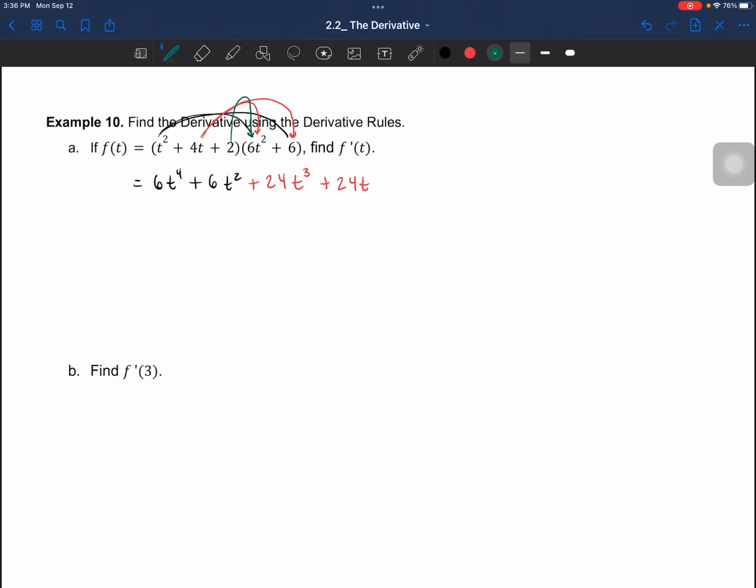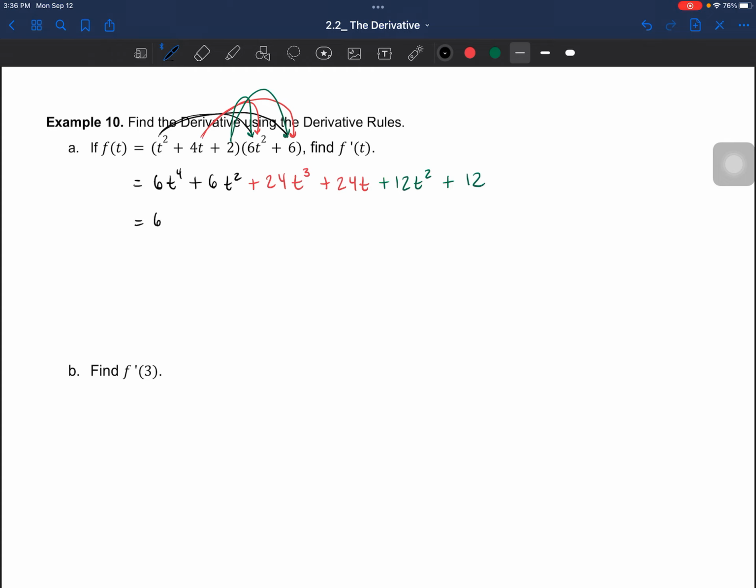And then lastly, we're going to do 2 times 6t squared and 2 times 6. So that would be 2 times 6t squared, that's 12t squared, and then 2 times 6 is 12. All right, so we have used the distribution property to expand this.